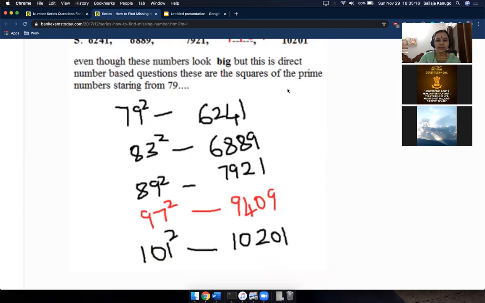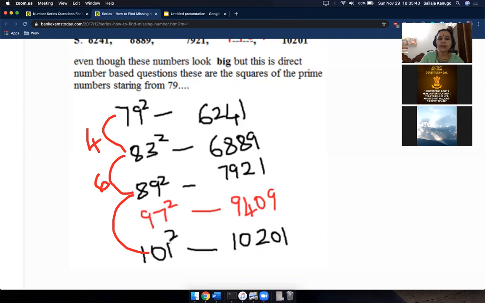One more thing. This is slightly tricky. Why? Because the difference between these two is 4, the difference between these two is 6. Now the difference between these two suppose is 12. It is not following any particular pattern. So when you now look at them, they are all prime numbers.